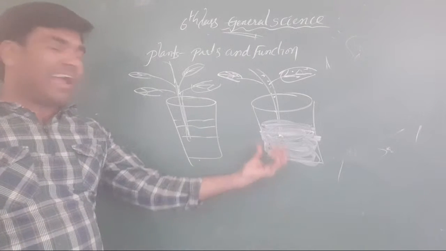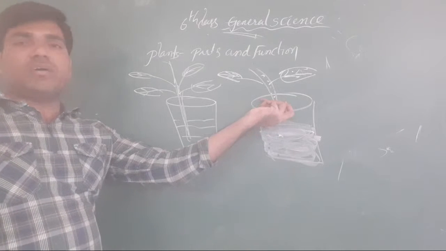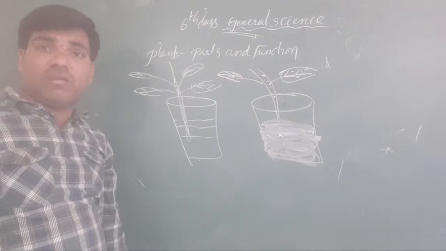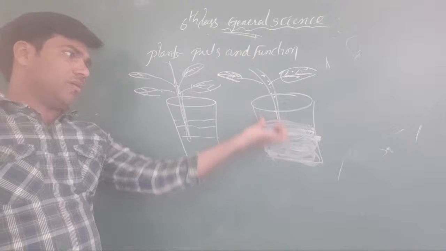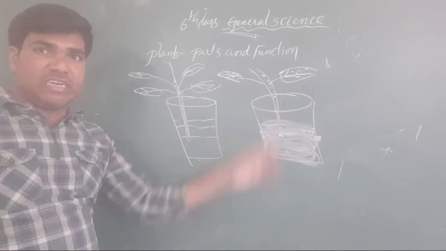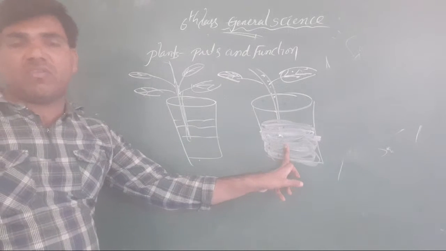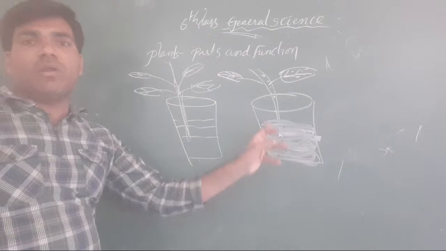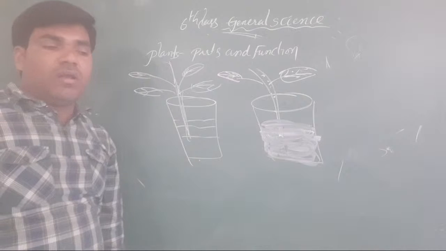Suppose you take acid: the acid is absorbed, and because of that the plant may die. Why? Because acid spoils the tissues contained here. Whatever you give through the roots will be absorbed. Clear or not, all the students?